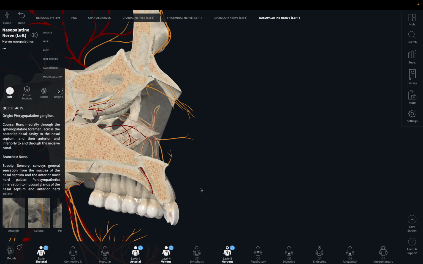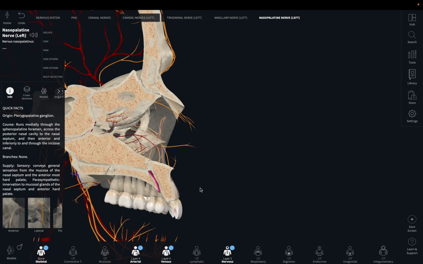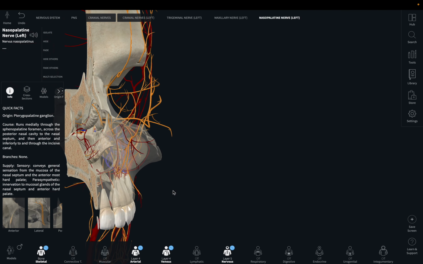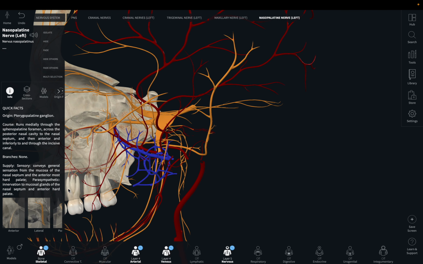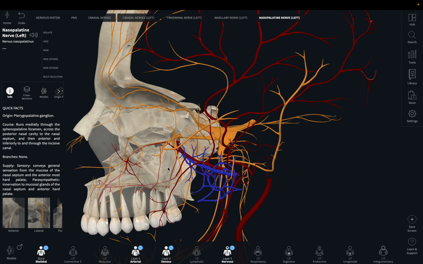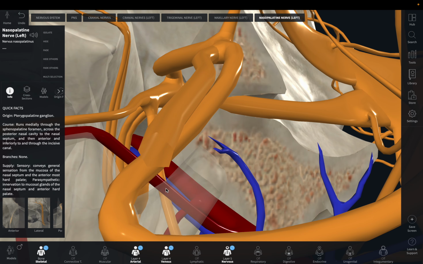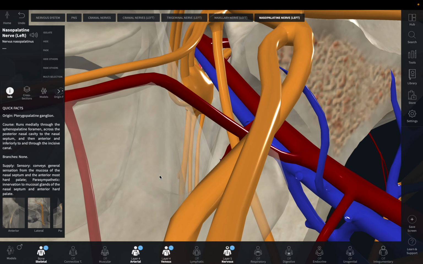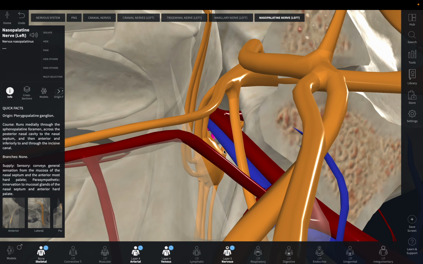Okay, so we've got the palatine branch, we've got the nasopalatine branch, and we've got two more branches. We have the pharyngeal branch. The pharyngeal branch runs posteriorly.